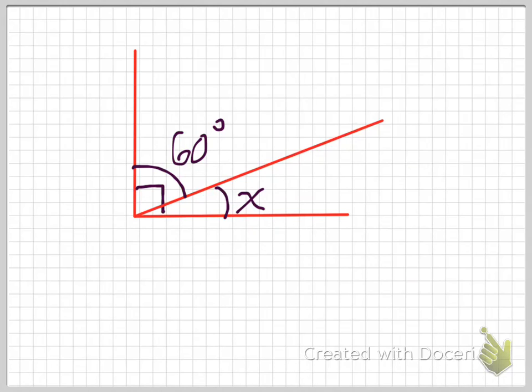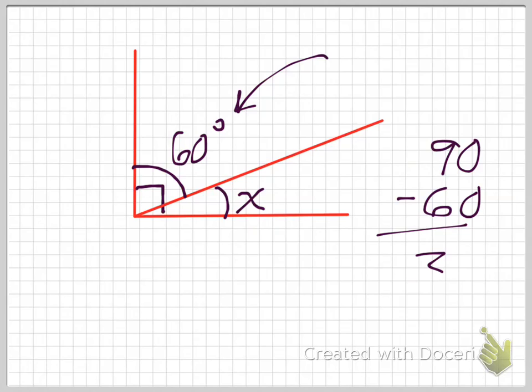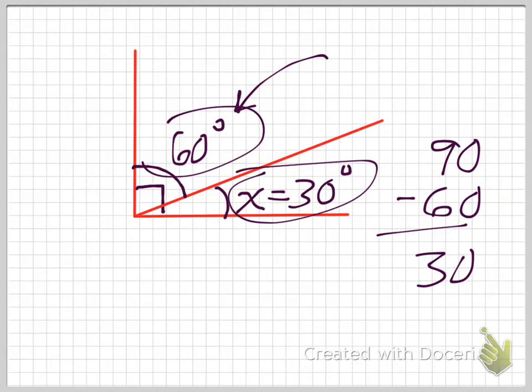That they add up to 90. And you already know that this one is 60, now you just have to go, okay, they add up to 90, minus 60. The other angle, X, has to equal 30 degrees. Does that make sense? Because 30 degrees plus 60 degrees will equal 90 degrees.